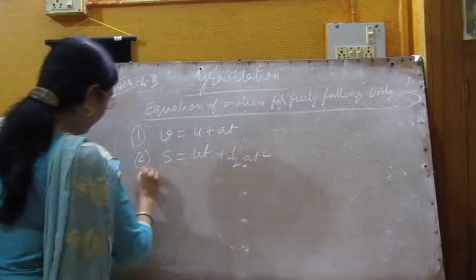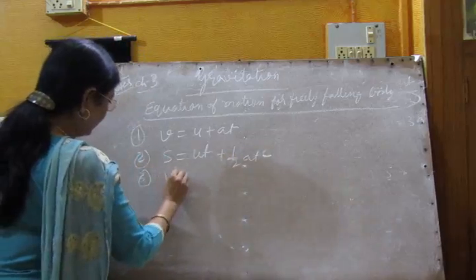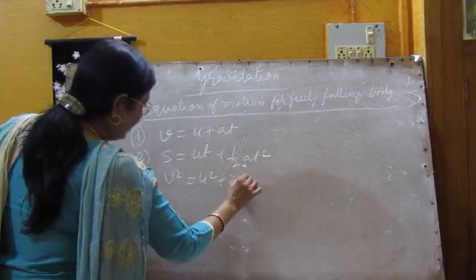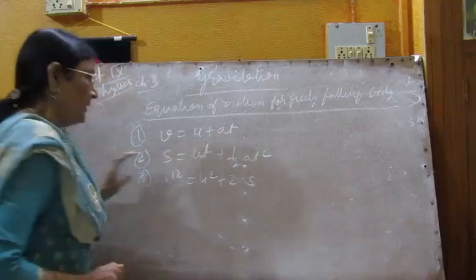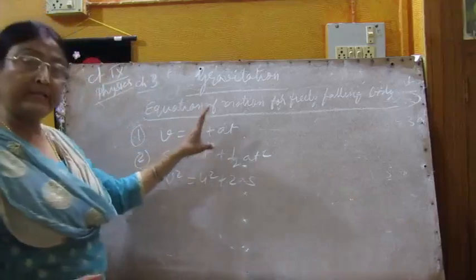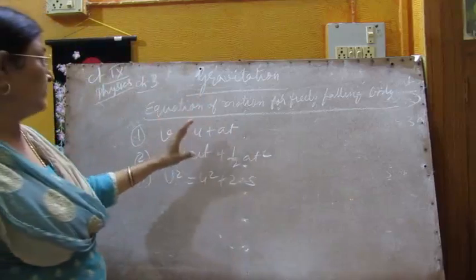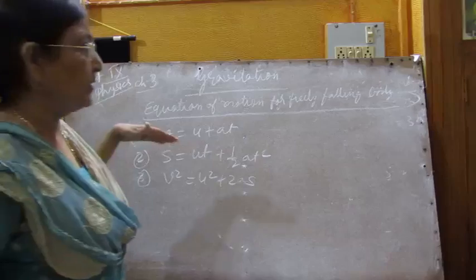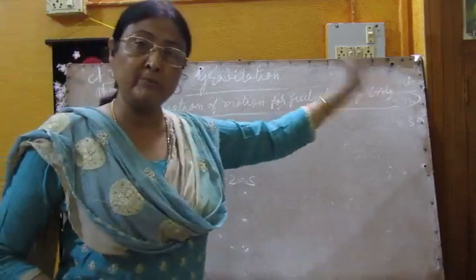And equation 3: V square equals U square plus 2AS. These three we have already explained in the first chapter, the equations of motion for a moving object which is moving in the horizontal plane.